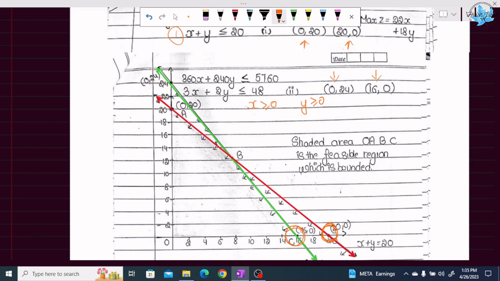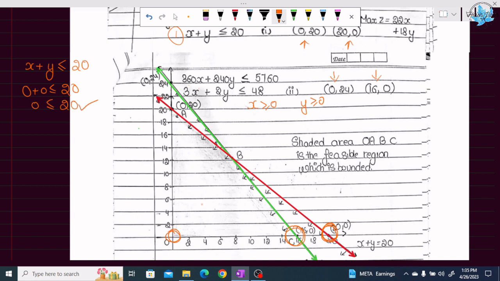Find the shaded area. To find the shaded area, consider the first equation, that is x plus y is less than or equal to 20. So the red line shows the graph of this equation. Consider the origin point, that is 0, 0. So the x and y coordinates at the origin are 0. Put the values of x and y, and if it satisfies this equation, then the shaded area will be towards the origin.